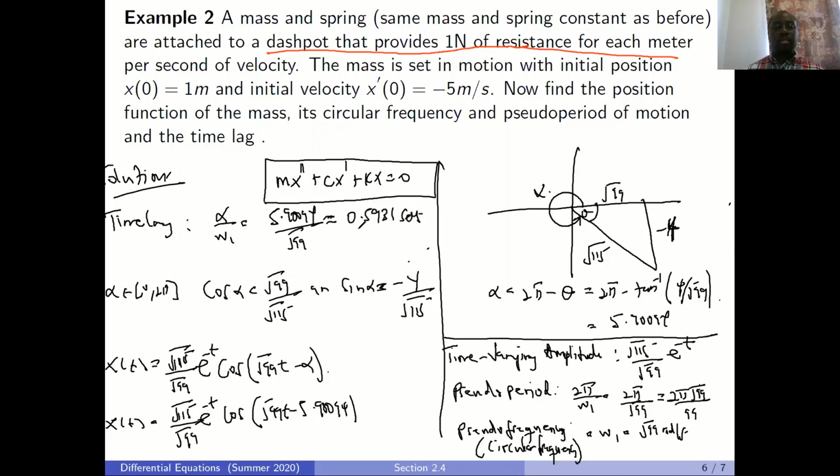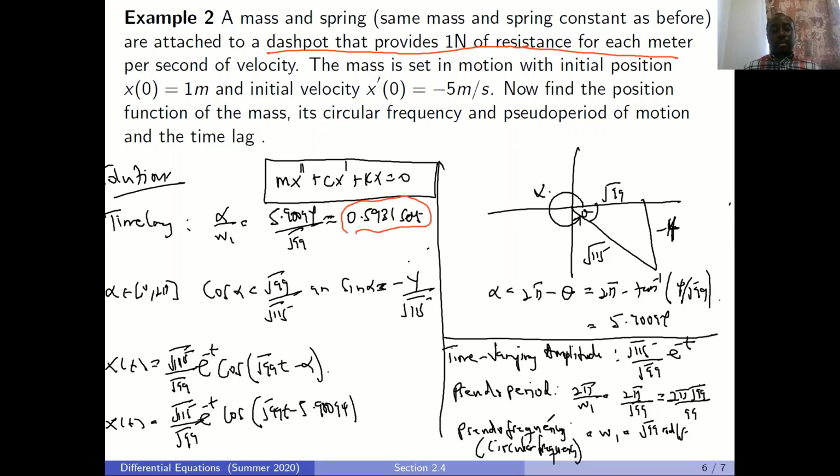So again, we still have a delay in this system where it takes about 0.5 seconds for it to hit, in this case, not really maximum displacement, because you know, the amplitude keeps changing with time. So the maximum displacement keeps decreasing, right?